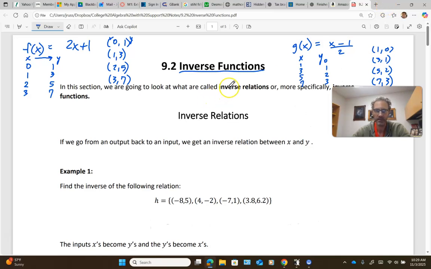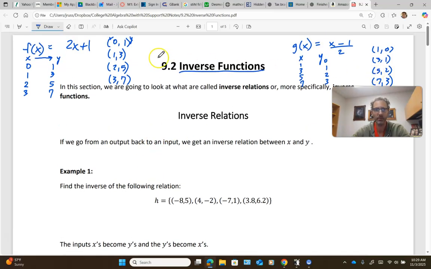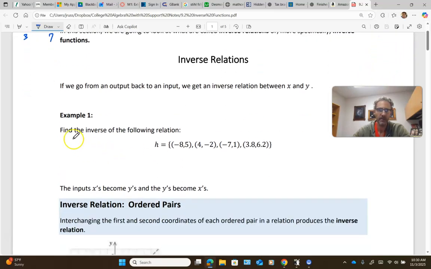Alright, well let's take a look at example 1. So it says, find the inverse of the following relation. So this is similar to what we did over here. Okay? If f is my original function, then g is my inverse. Okay? And so here, if we have this relation, it just consists of these four ordered pairs, and we want to find the inverse of that.